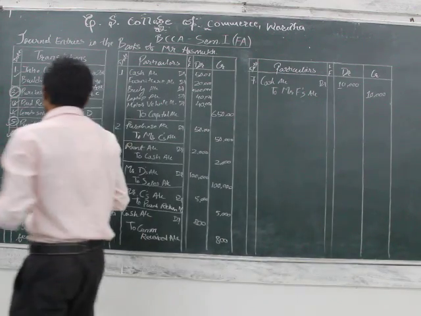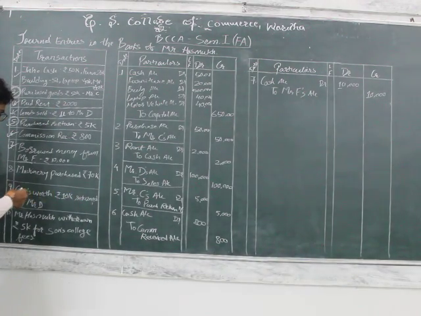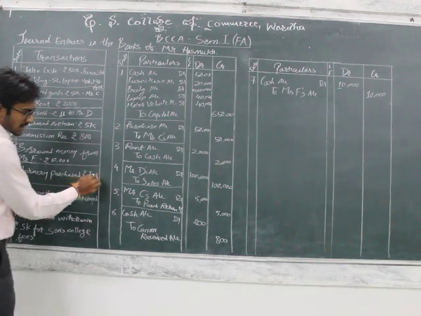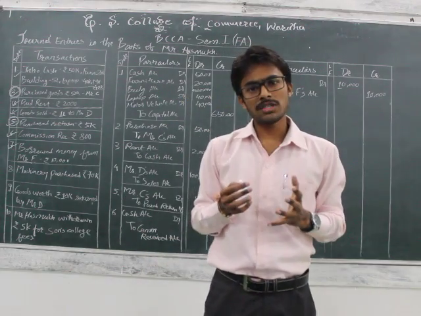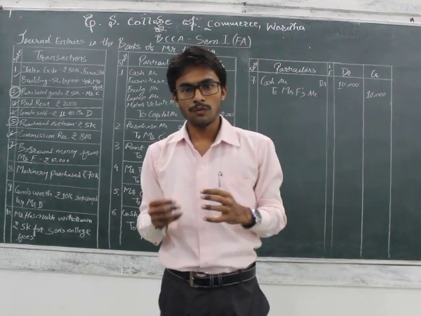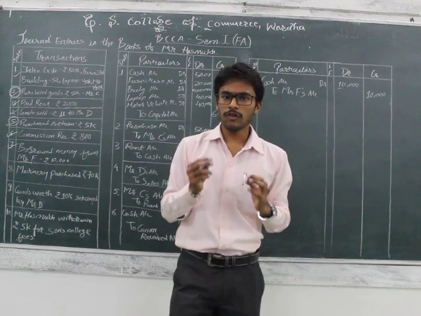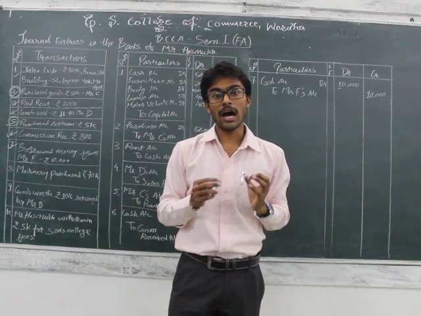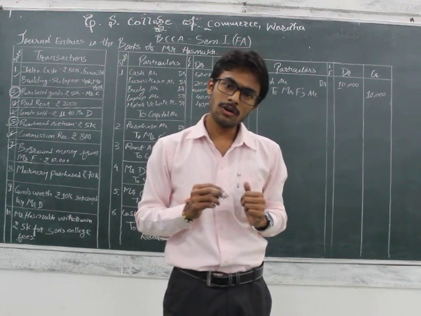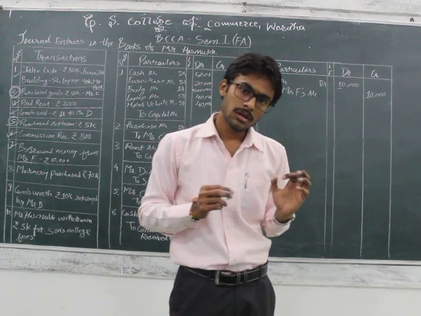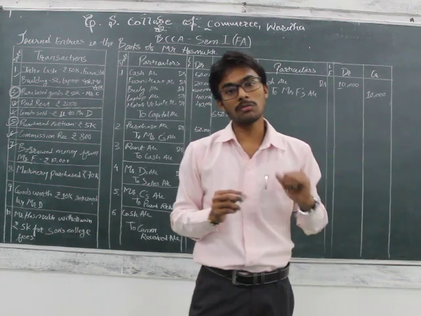Okay. So 8th entry. Machinery purchased, rupees 70,000. We have purchased machinery for our business. First, machinery is an asset for me, and when we debit or credit an asset, the rule says debit what comes in.